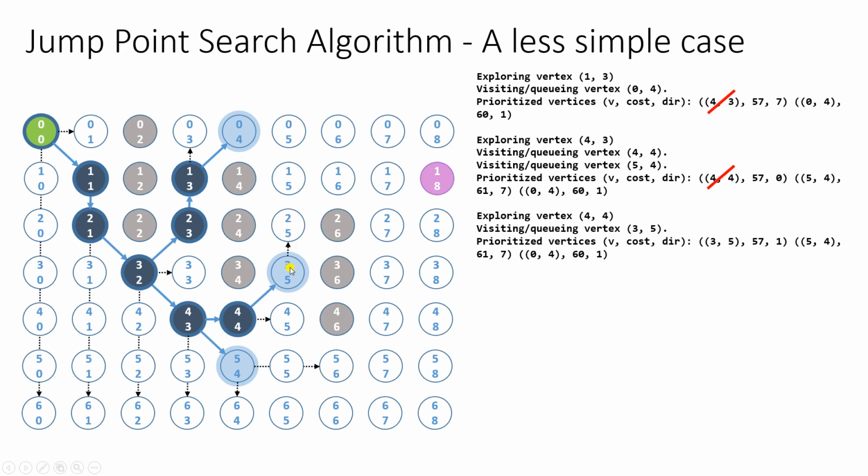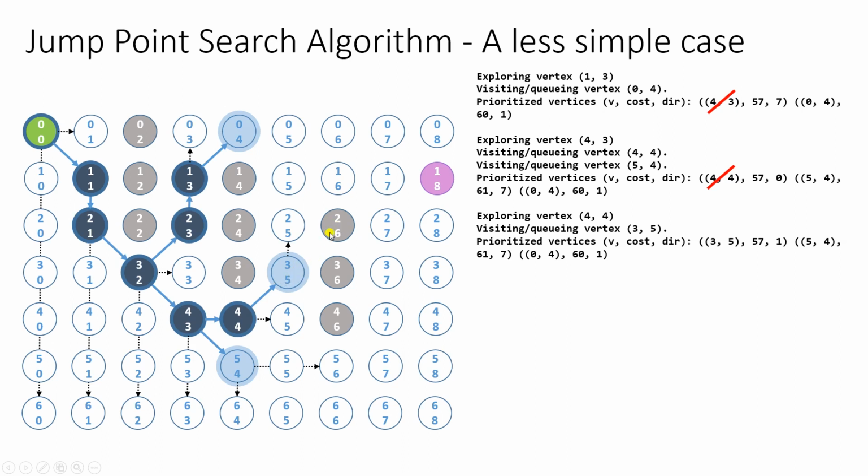Okay? But you can ask yourself, vertex 3, 5 is also next to an obstacle. Why couldn't it be declared a jump point just by itself, disregarding vertex 2, 5? Well, the answer lies in the fact that if we would explore vertex 3, 5, as we will be exploring it in the next iteration, we couldn't make a turn to vertex 2, 6.